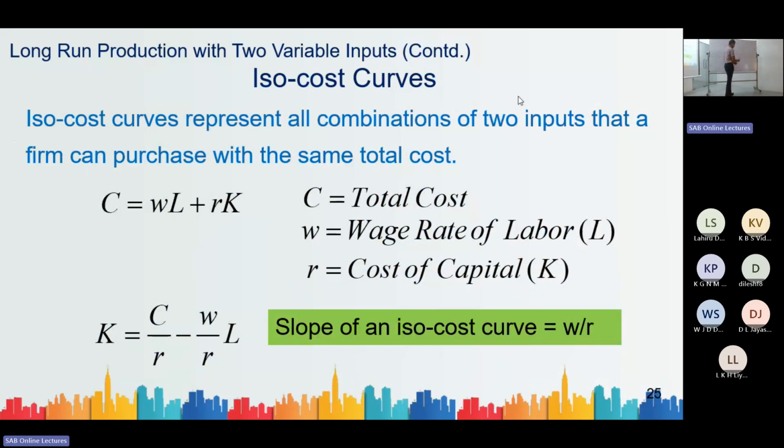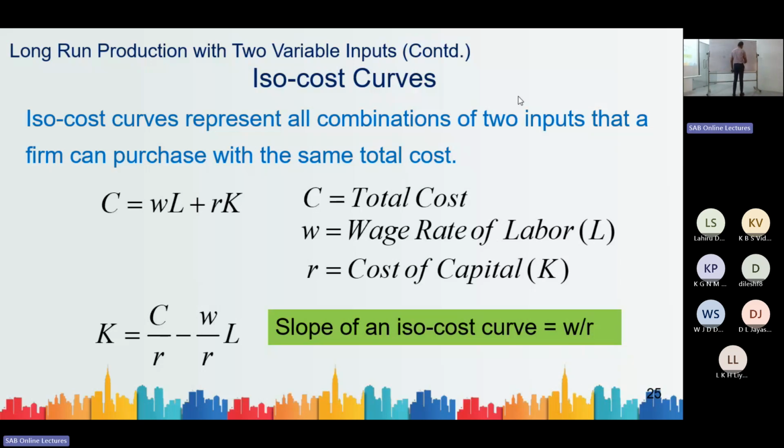So most of the tasks are performed by labor. Capital usage is very less. Only simple equipment is used in the production process. So this is labor intensive.